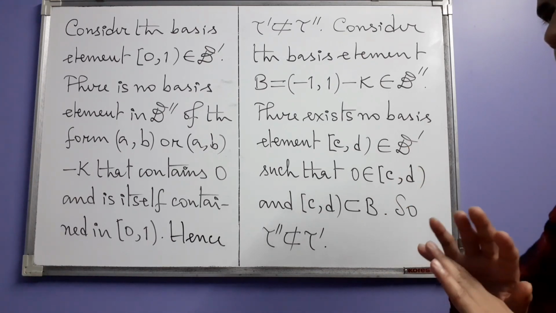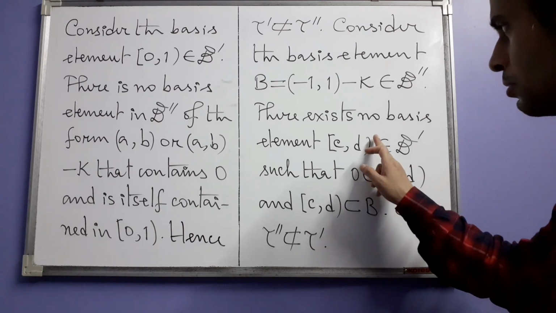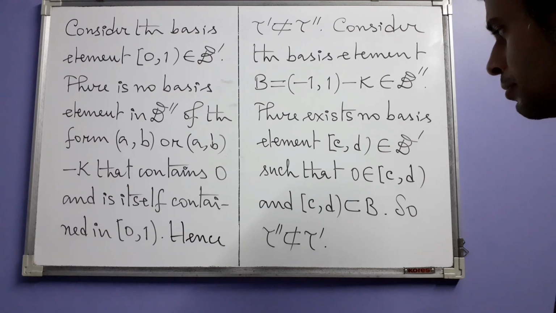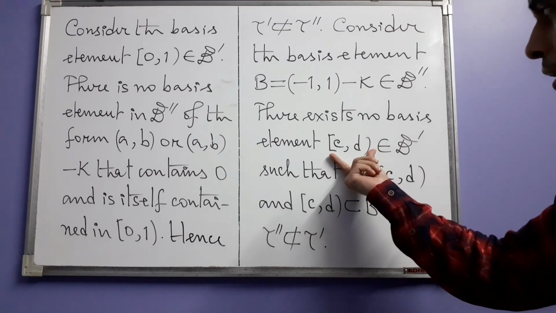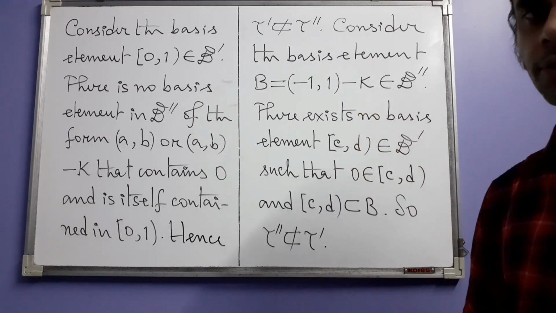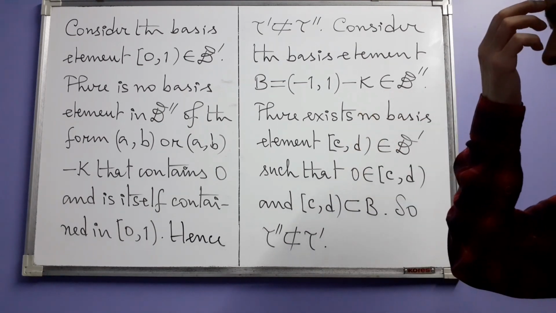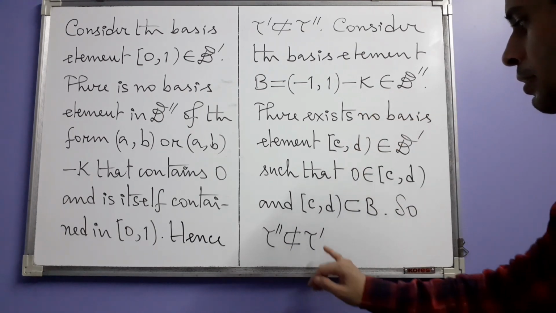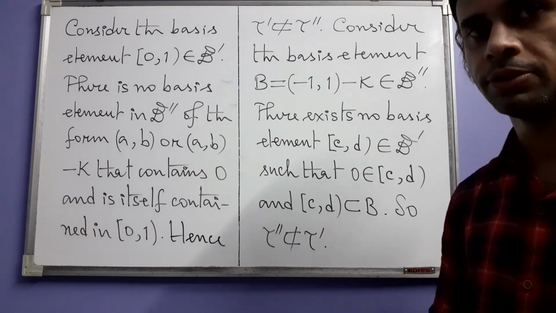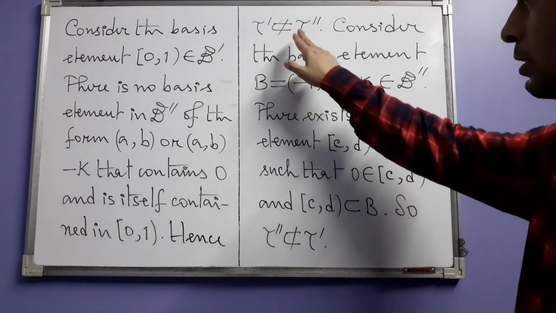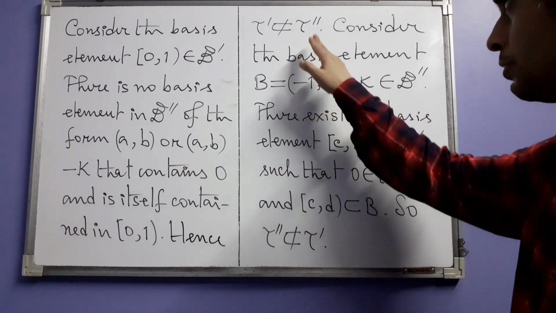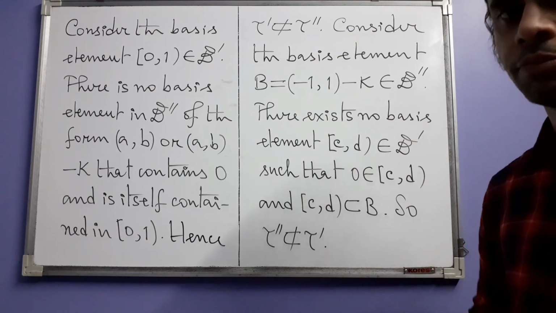In fact, almost everything of the sequence will lie in that little area. So then how can such an interval be contained in B which does not have any such reciprocal? And that is why, again by Lemma 13.3, this time the lower limit topology is not finer than the K topology.